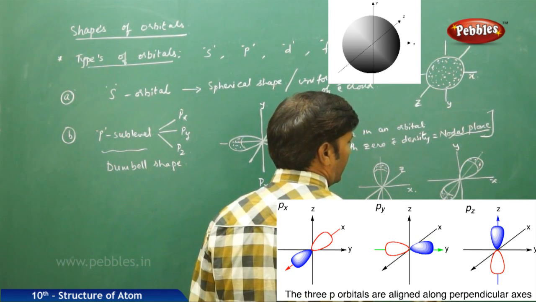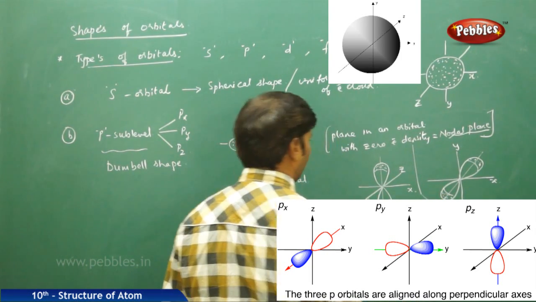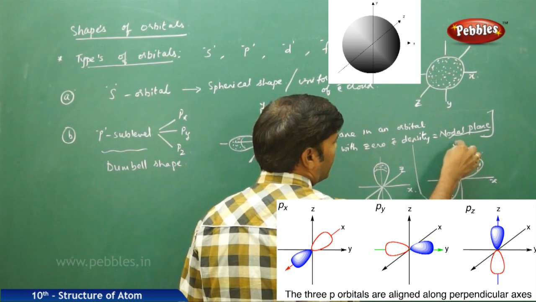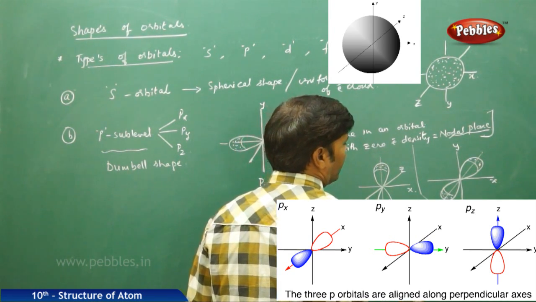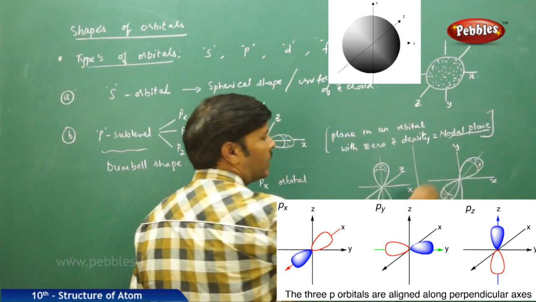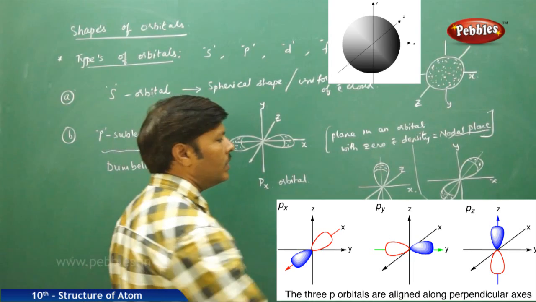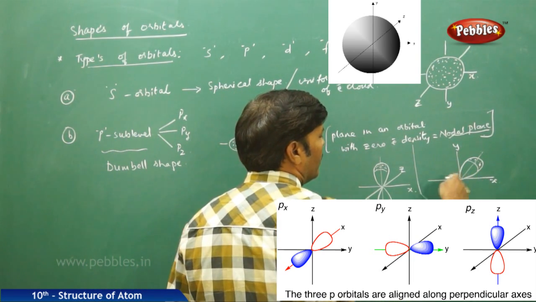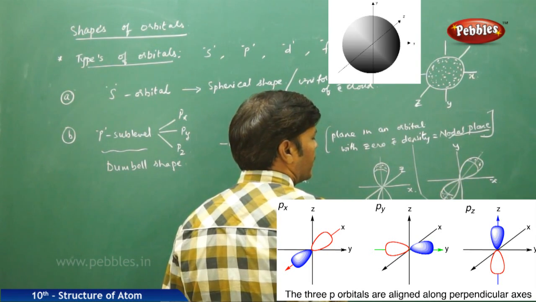This is the pz orbital. You find that the electron density is in the z-axis, and electron density is absent in the x-axis as well as y-axis. So you find the nodal plane in the x-axis and y-axis in the case of pz orbital.